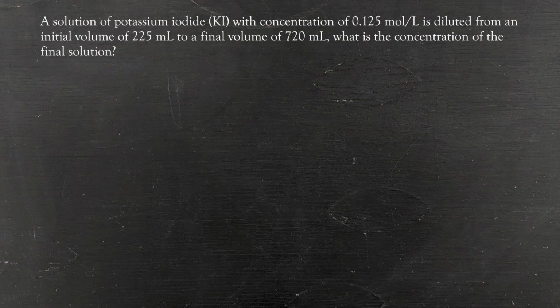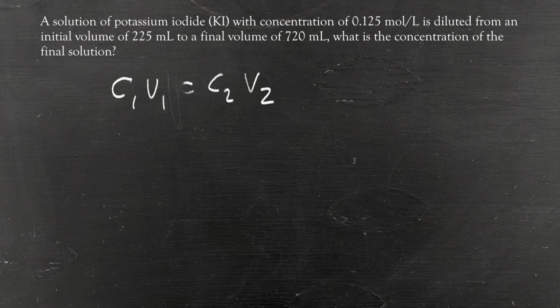The next type of concentration questions I would like to address involve dilution, where we have a solution already and we then dilute it to a different concentration. For these types of questions, the formula that you want to keep in mind is that the initial concentration times the initial volume is equal to the final concentration times the final volume.